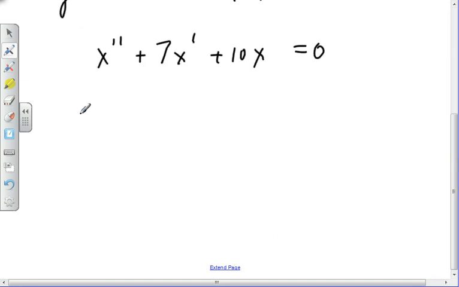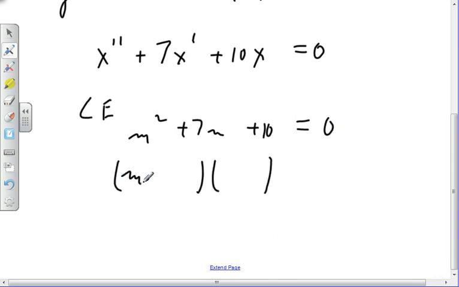I now have a characteristic equation. M squared plus 7m plus 10 is equal to 0. That clearly factors: m plus 5, m plus 2.